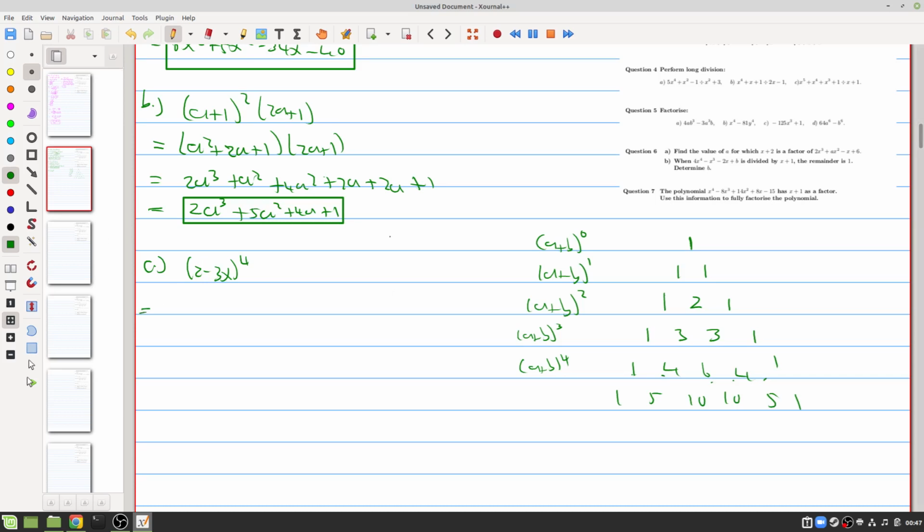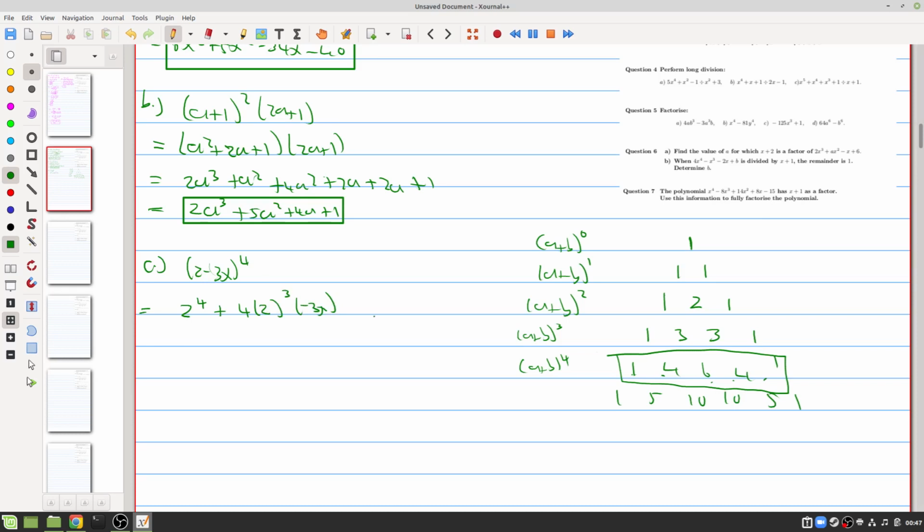So, well, in our case, the a is the 2 and the b is the negative 3x. So we see we're going to use this one, right? Because it's to the power 4. So we're going to have 1a to the power 4 plus 4a to the power 3 b to the power 1.